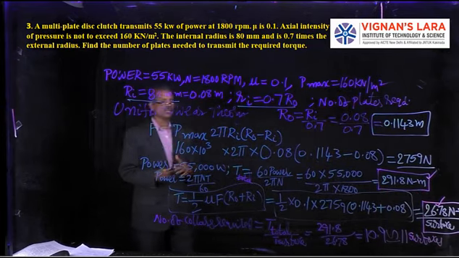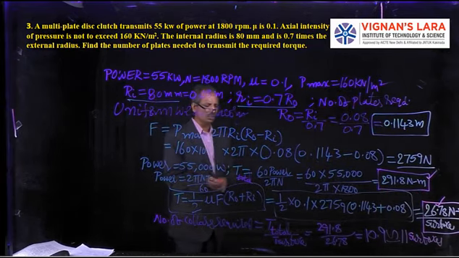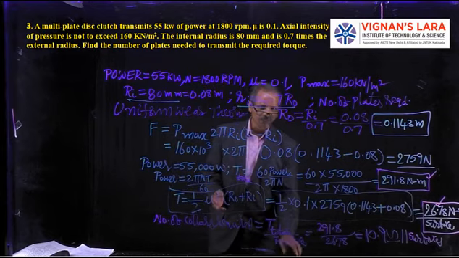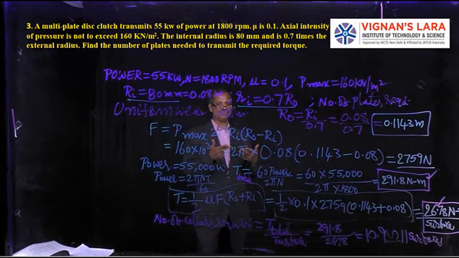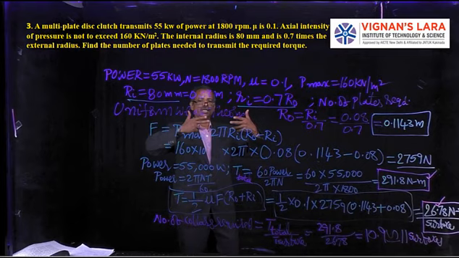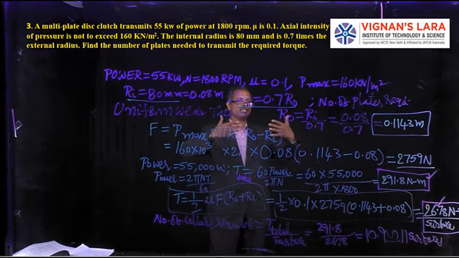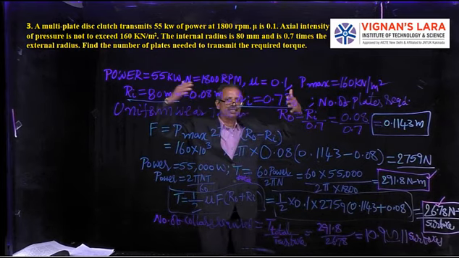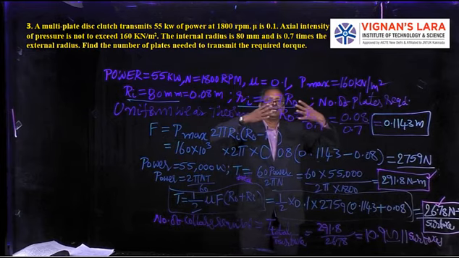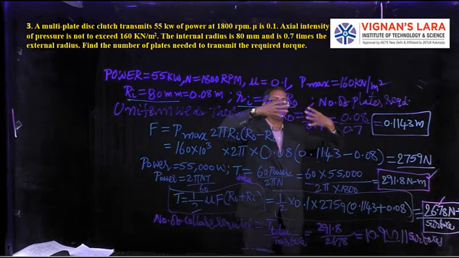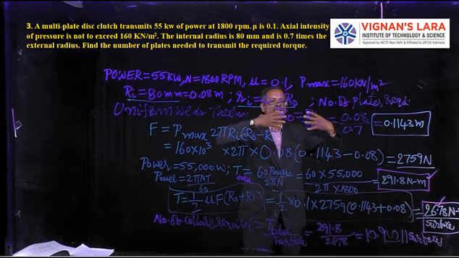As we have discussed in the theory, if you want 3 contact surfaces, then 4 plates should be there. Or if you want 7 surfaces, you need 8. See, these are 4 fingers on the driver pulley, and this is another 4 on the driven one.